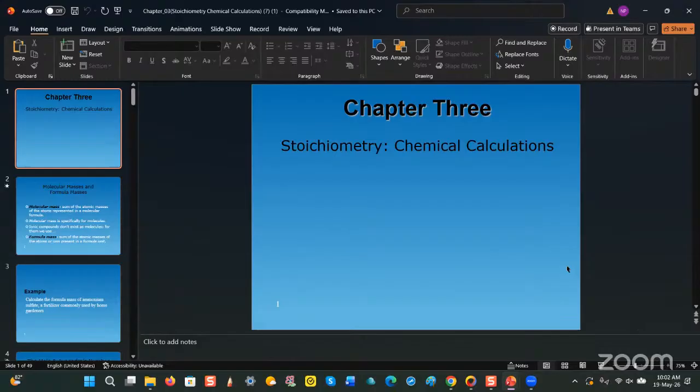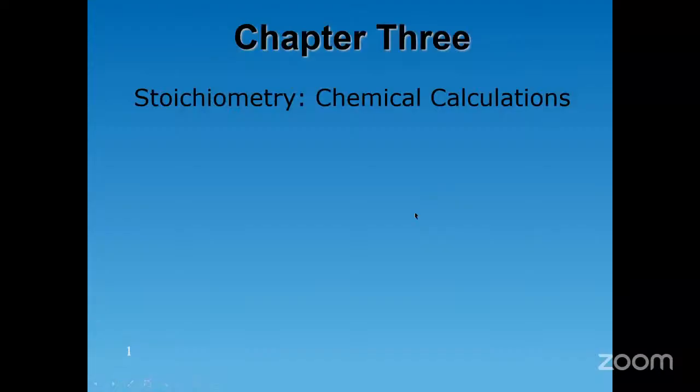Okay, so we're moving on to chapter 3, which deals with another topic which you should have covered in your introductory or high school chemistry, and that has to do with stoichiometry. Stoichiometry, as you may recall, is that area in chemistry which deals with the quantitative relationships between substances involved in a reaction, all right?